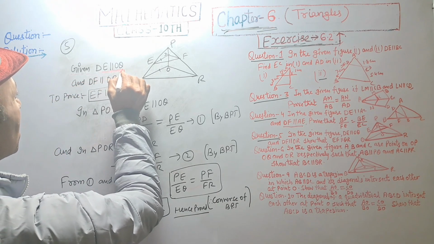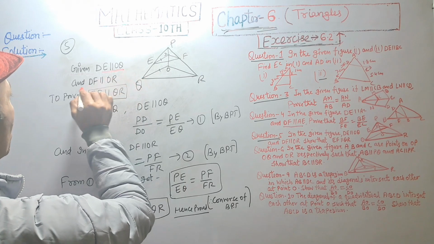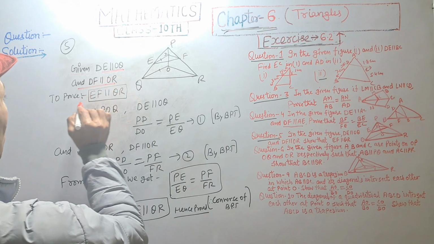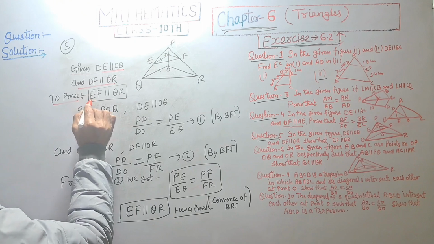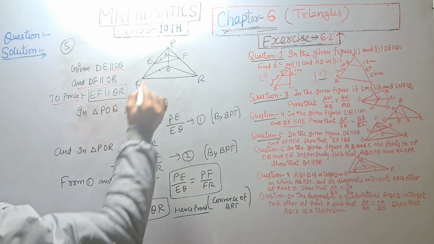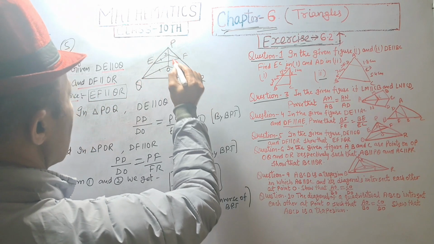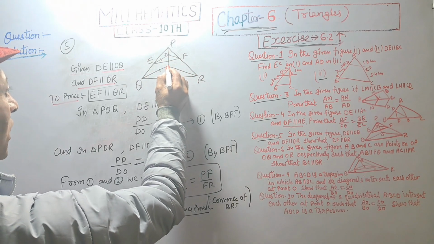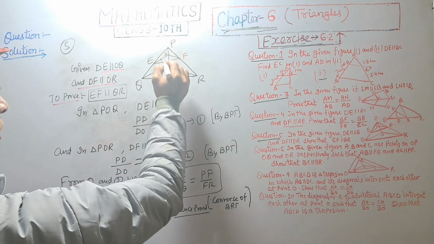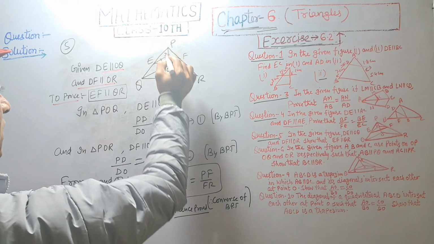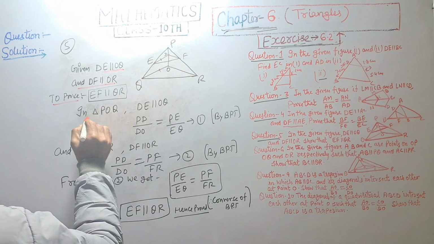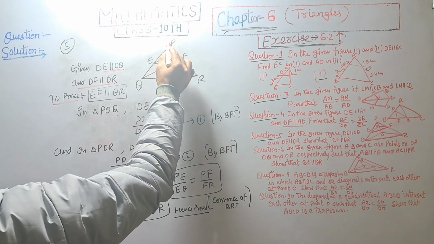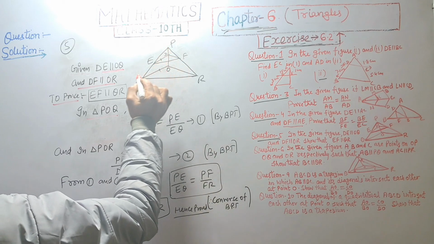Given DE is parallel to OQ and DF is parallel to OR, and we want to show EF is parallel to QR in triangle PQR. First of all, we are taking triangle POQ.